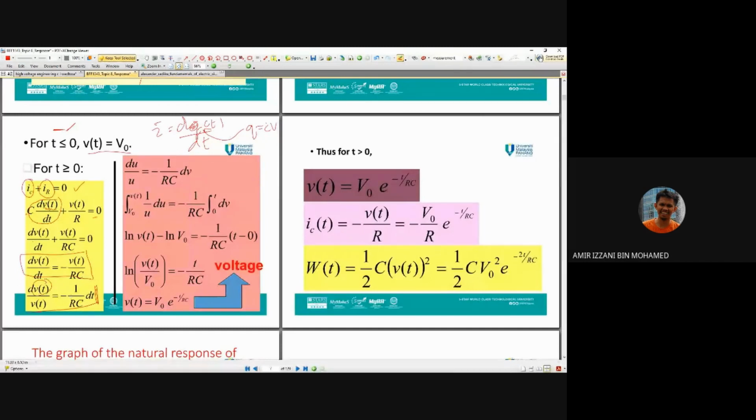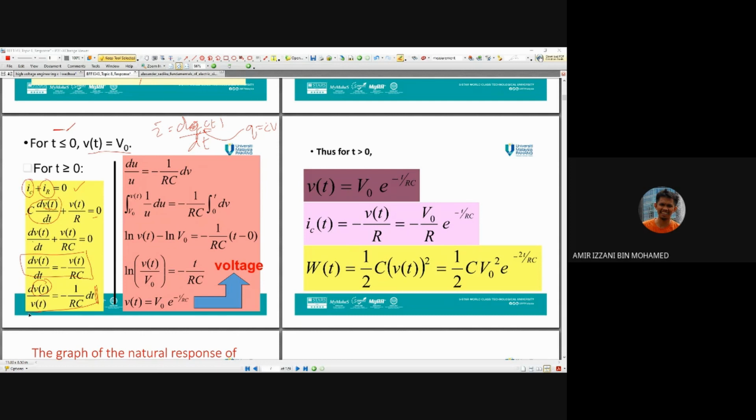So what we want is V(t), so we need to integrate this equation. Integration on V. From here, we integrate both sides.